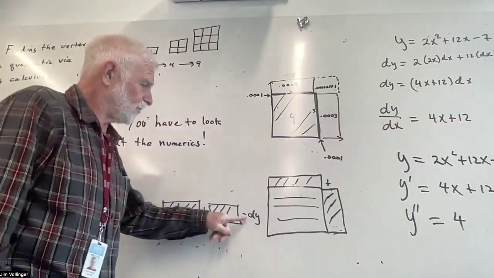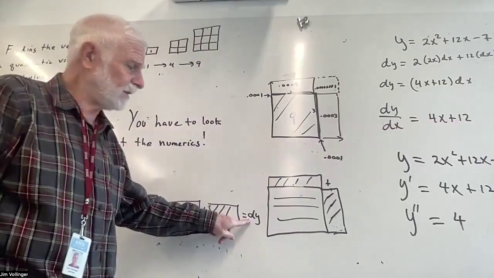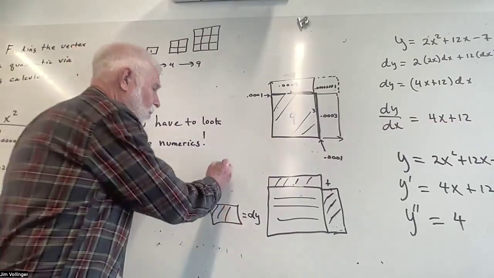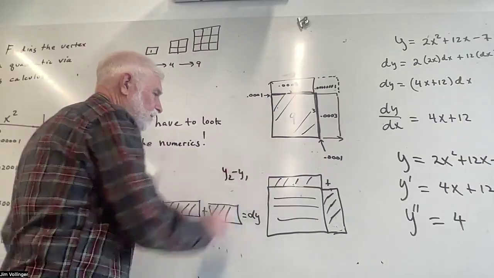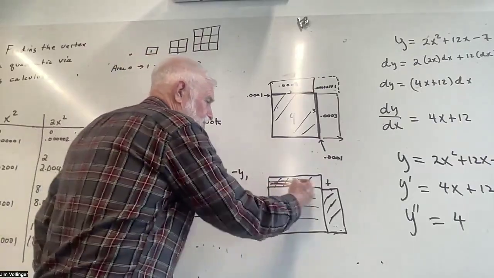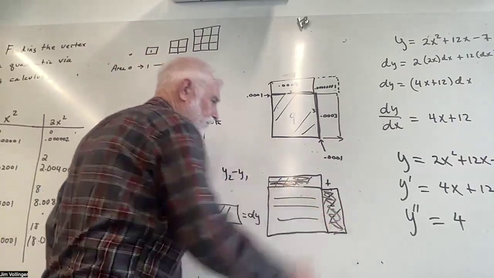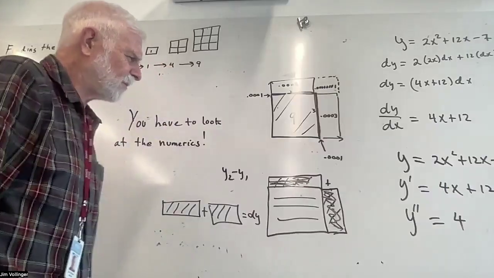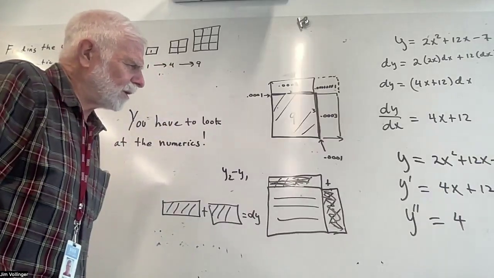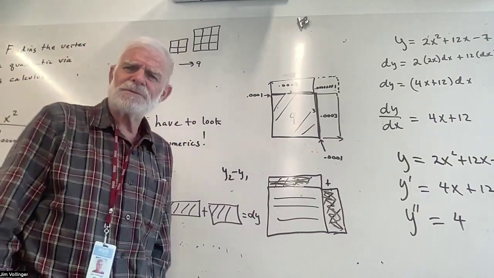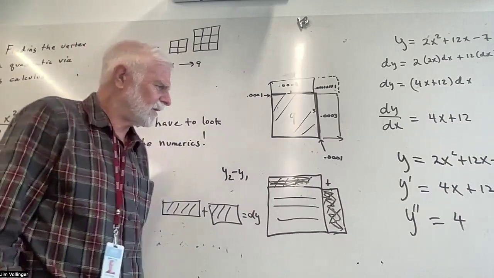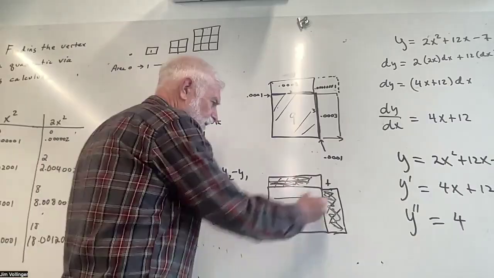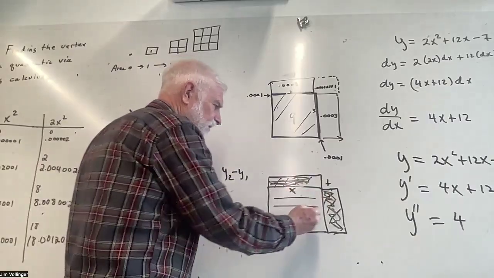And the change in y, I'm going to use dy to represent y2 minus y1. So this is the change, and that's the change. Remember, we're looking at functions in terms of x. So this is just a generic square, and that's an x and that's an x.